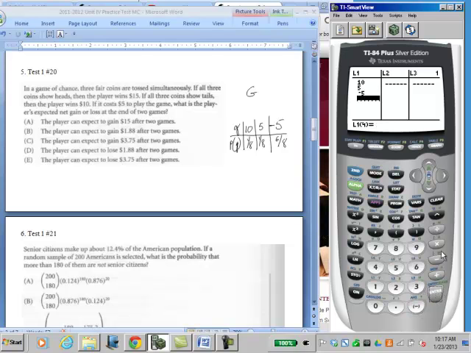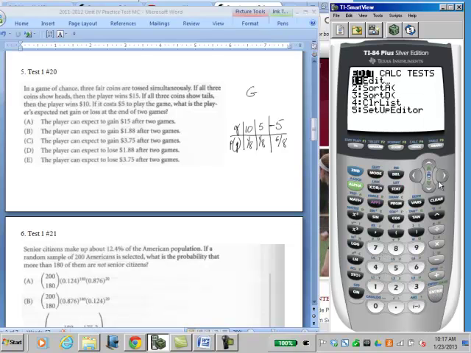Don't put in 0. Otherwise, you'll get the wrong answer, but it's one of the answers that's listed. 1/8, 1/8, and 3/4. Okay? Stat, calc, single variable stats, L1, comma, L2.